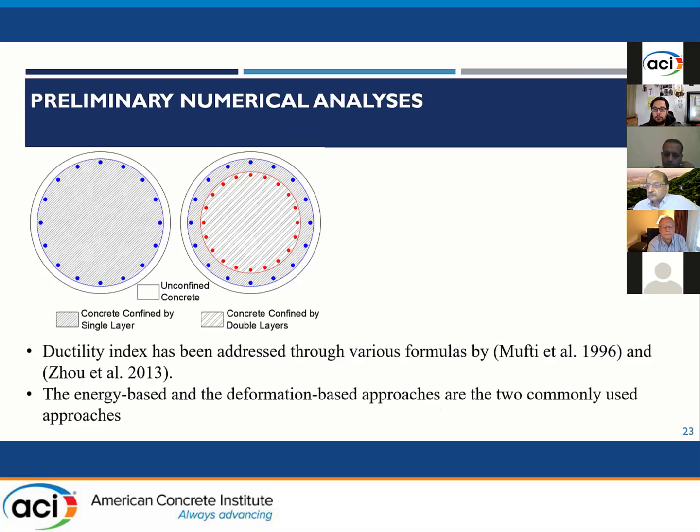The energy-based approach or the displacement-based approach could be used. Numerical modeling of the hybrid reinforcement sections and the effect analysis of hybrid reinforcement on ductility and strength will be covered in the next slides.